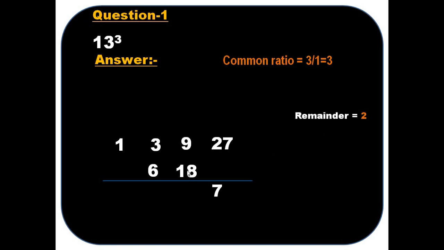Okay, then 18 plus 2, that is 20. 20 plus 9, that is 29. Again the remainder is 2 itself. Now adding these two, 6 plus 3, 9, plus this remainder 2, 11, we are putting 1 over here and again the remainder is 1. Now adding this remainder 1 to this 1, 1 plus 1, that is 2.